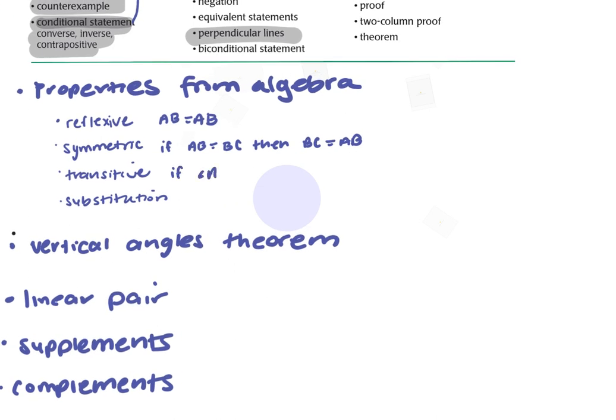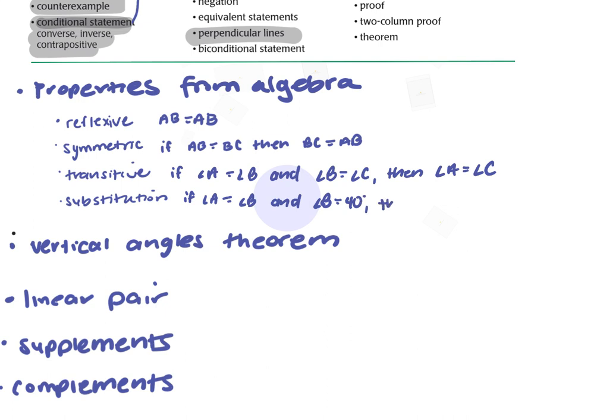If, let's say, angle A equals angle B, and angle B equals angle C, then angle A equals angle C. Substitution we saw mostly with values. So if angle A equals angle B, and angle B equals 40 degrees, then angle A equals 40 degrees. So you're plugging the value in on that one.